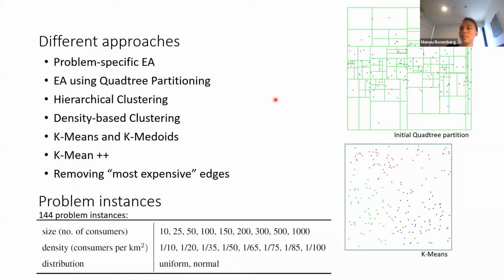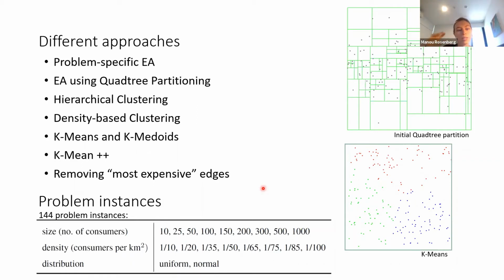We looked at a different set of problem instances ranging from 10 consumers to 1,000 consumers, and at different densities and different distributions of how the consumers are distributed in the area.